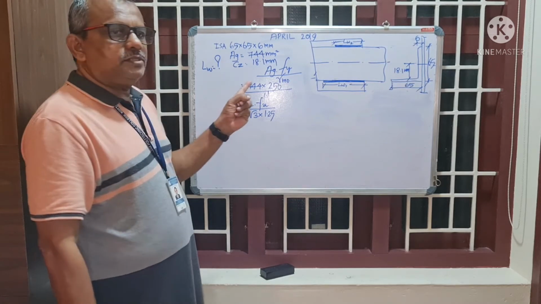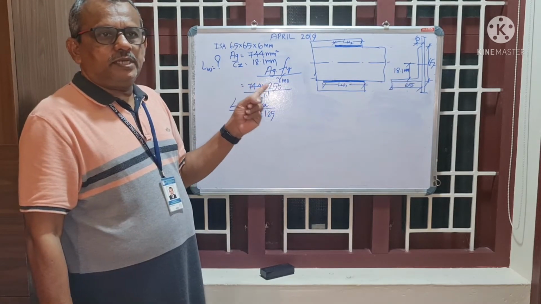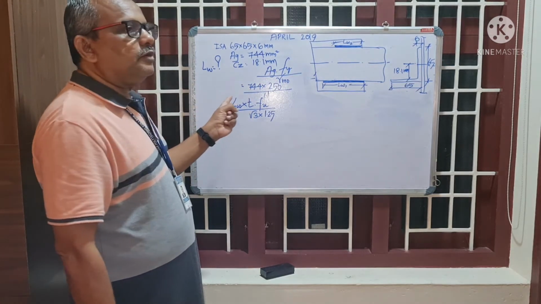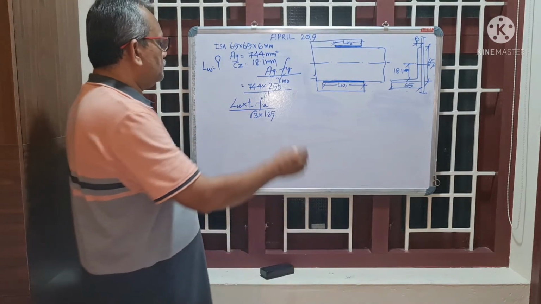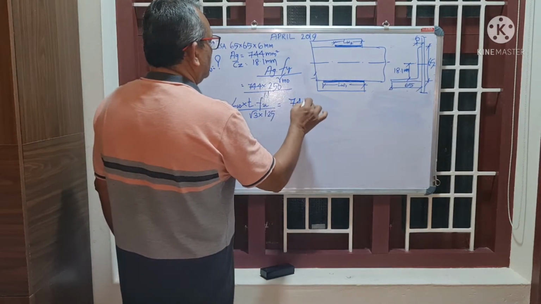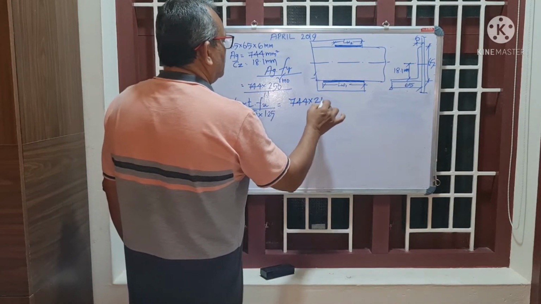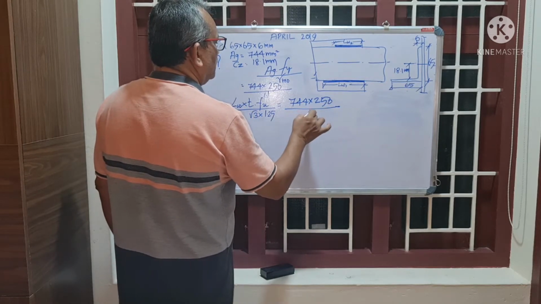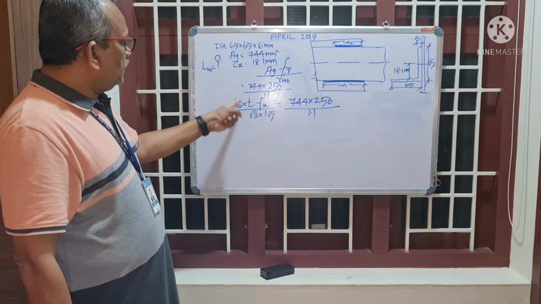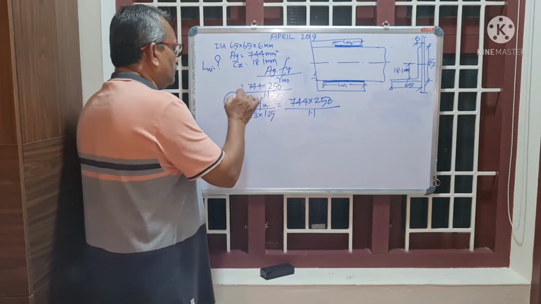Okay, LW into t into fu divided by root 3 into 1.25. Our question is to design the weld to transmit a load equivalent to the full strength of the plate. So this can be equated to 744 into 250 divided by 1.1. Now here LW is to be found out.